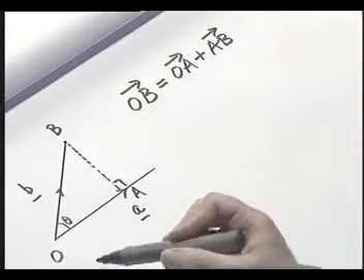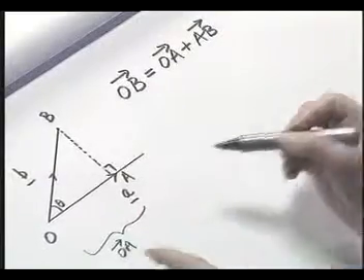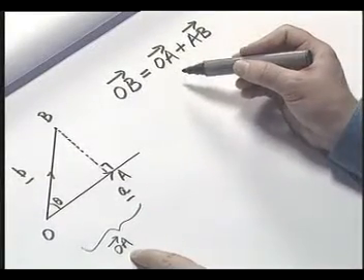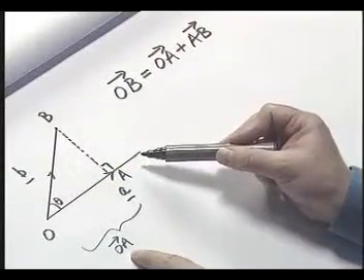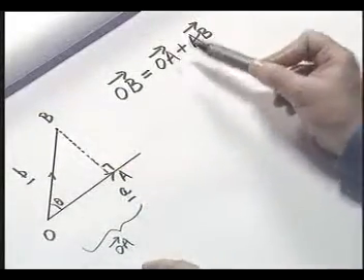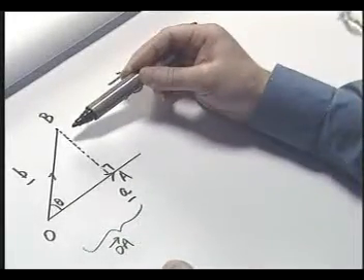Now this vector here, which we've called OA, is said to be the component of B in the direction of A. You'll see we can regard B as being made up of two components, one in the direction of A and one which is at right angles to that.